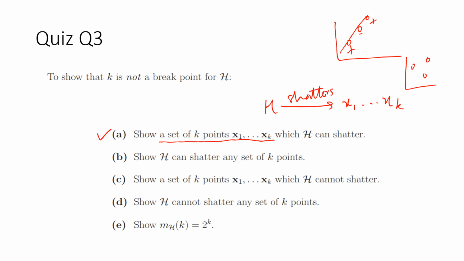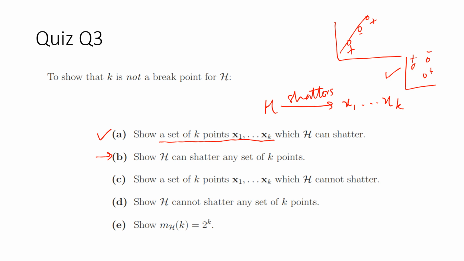So there was no need to keep going and getting every set in the inverse setting. This is the inverse setting where we are showing that K is not a breakpoint. So it is enough to just show that the perceptron works for these 3 points, whatever these points are, and that's enough to show that 3 is not a breakpoint, at least for a perceptron. So this can be true, I would say, but it is an overkill is what I'm saying.